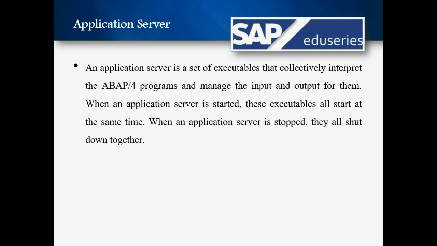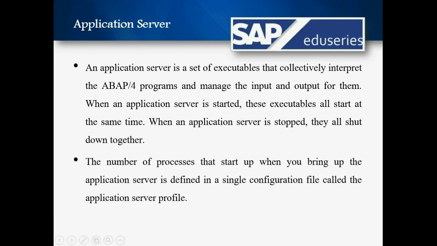Application server. An application server is a set of executables that collectively interpret the ABAP 4 programs and manage the input and output for them. When an application server is started, these executables all start at the same time. When an application server is stopped, they all shut down together. The number of processes that start up when you bring up the application server is defined in a single configuration file called the application server profile.